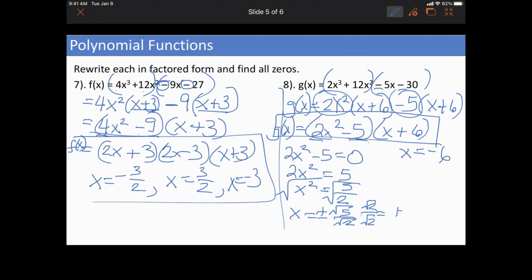So it's going to equal plus or minus square root of 5 times square root of 2 is square root of 10. Root 2 times root 2 is square root of 4, which is 2. No, I cannot cancel out the 2 in the root 10 because it's not a positive 2. It's actually the square root of 2 inside, not just a nice integer of 2. So that is also 2 answers because of the plus and the minus. So those are our 3 roots.